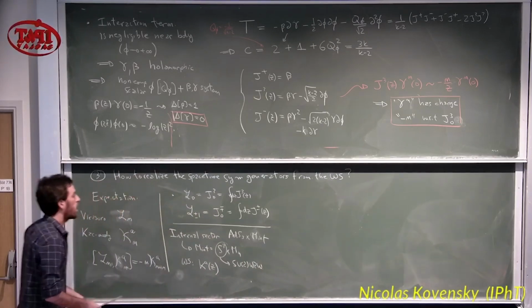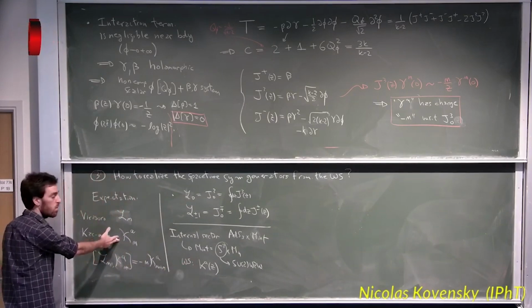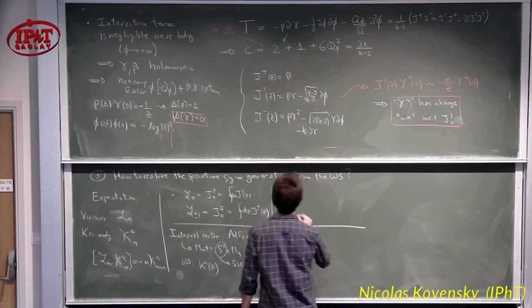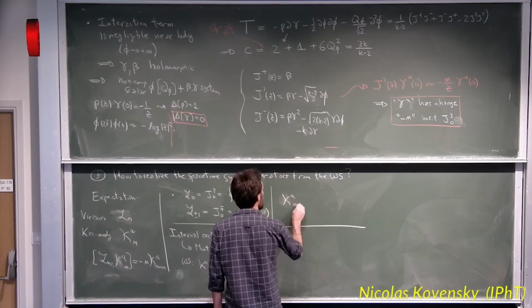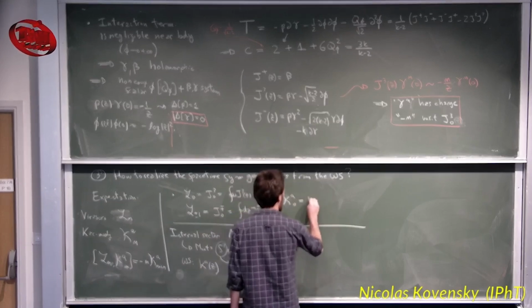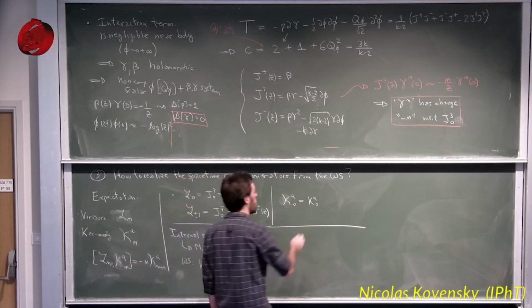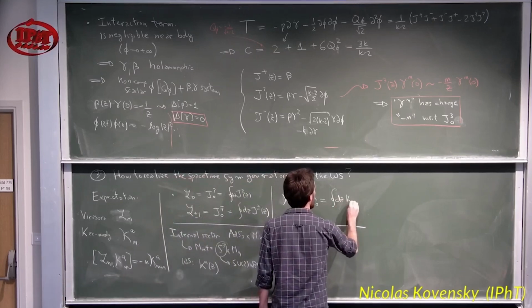And so again, I can get the zero modes of this spacetime algebra quite trivially, because all I have to do is to say that the spacetime K_0 is just identified with the worldsheet one, which I can again write as this.